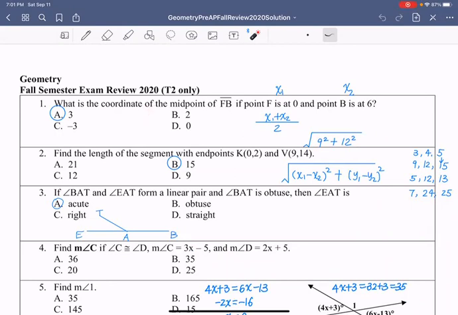First question, Annie. Go ahead. You can read the question and tell me what you want to do. What is the coordinate of the midpoint of FB if point F is at 0 and point B is at 6?